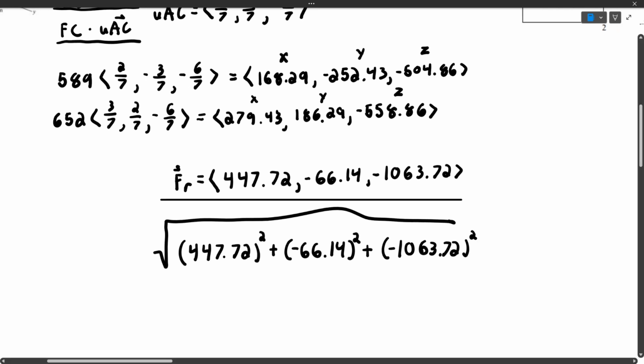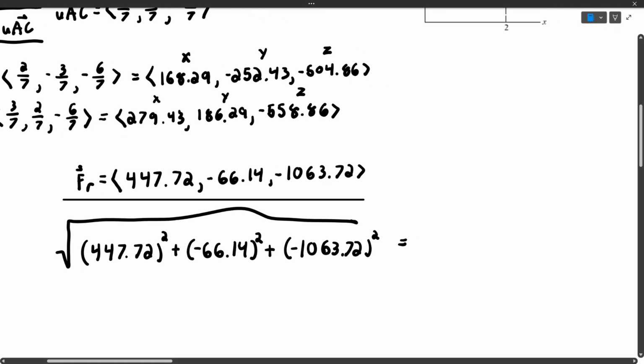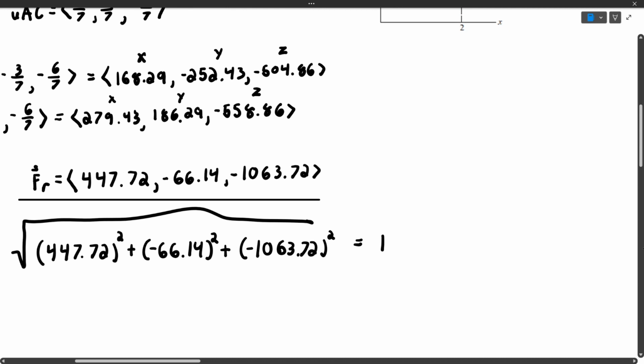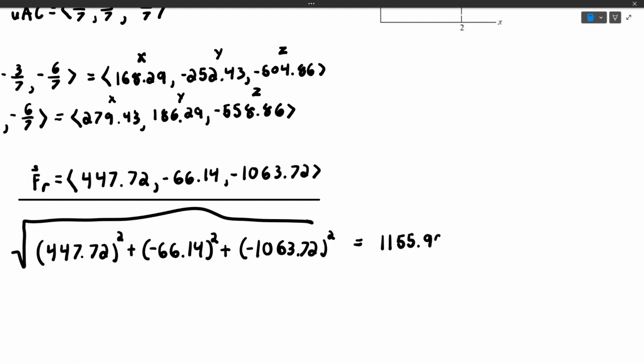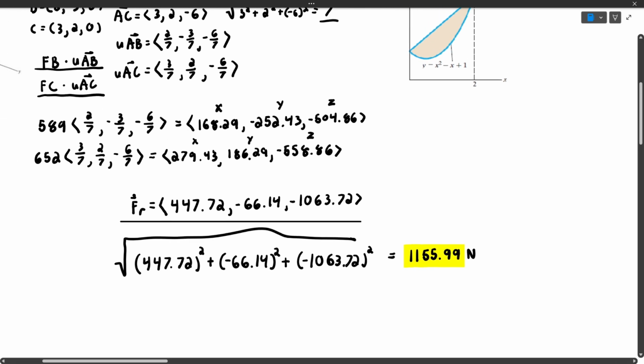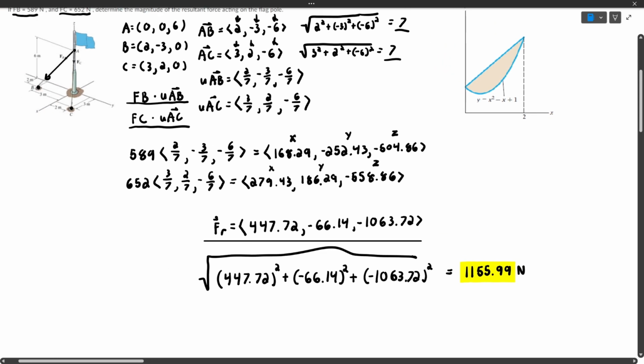And just like that, this comes out to 1155.99. And this right here is our final answer for our resultant force. And this is, of course, in terms of Newtons, since that's what we were given. So that's how you go through this problem right here.